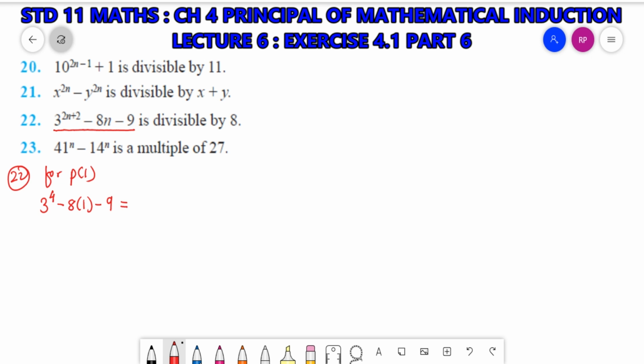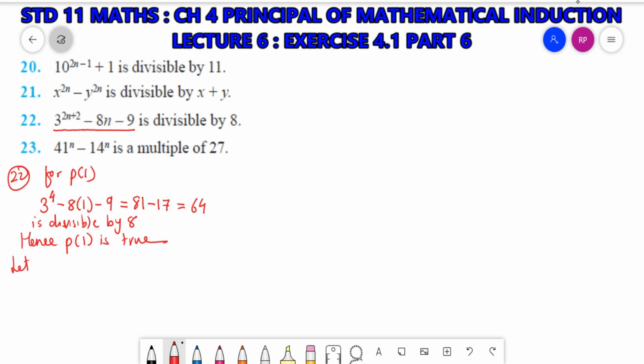Clear? 3 raised to 4, that is 81, minus 8, minus 9, that means minus 17. Clear? So 81 minus 17 will be equal to 64. And 64 is divisible by 8, right? Hence, P of 1 is true.